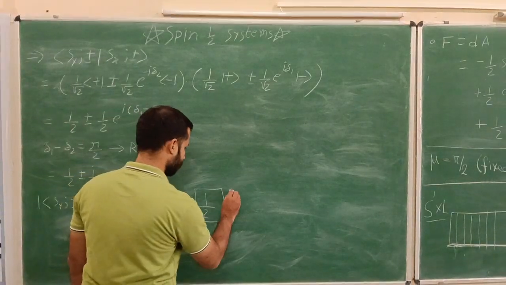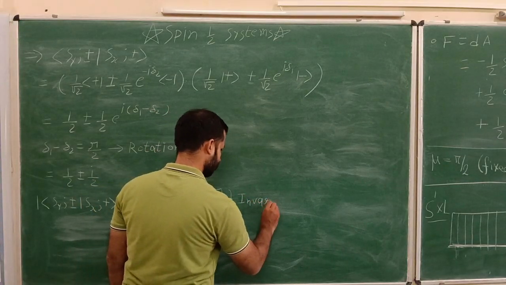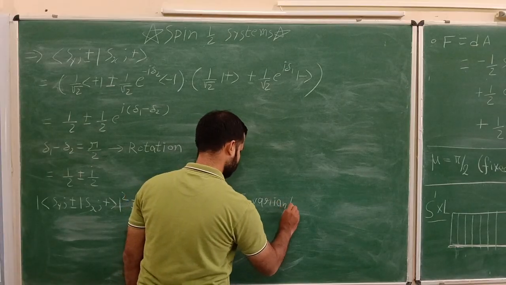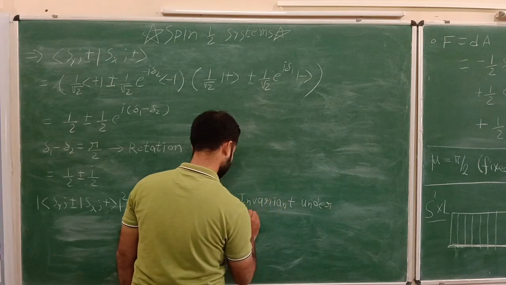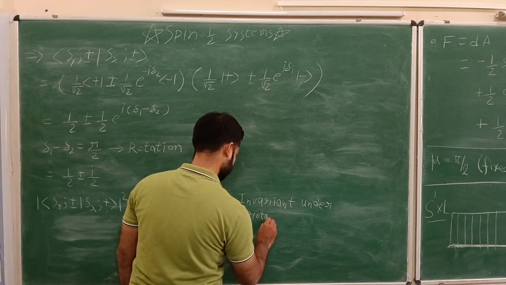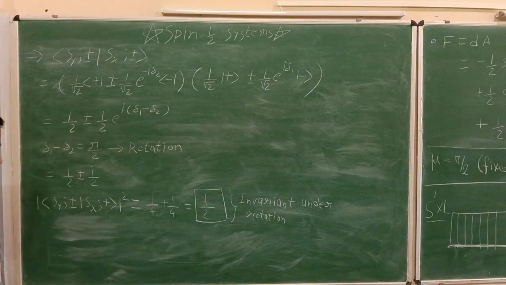This is obvious and expected. States are rotated in their two-dimensional vector space. The answers should not change. The probability should not change.